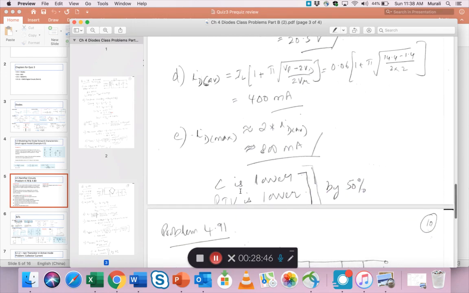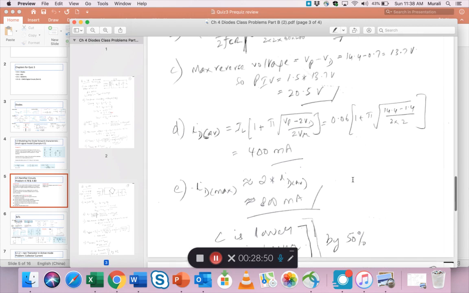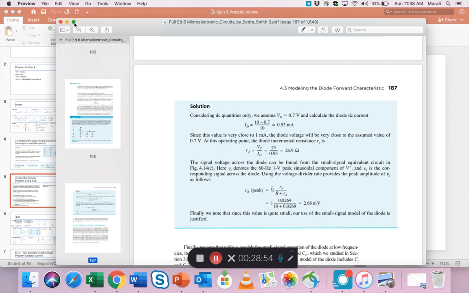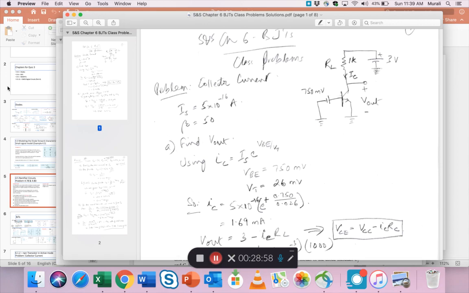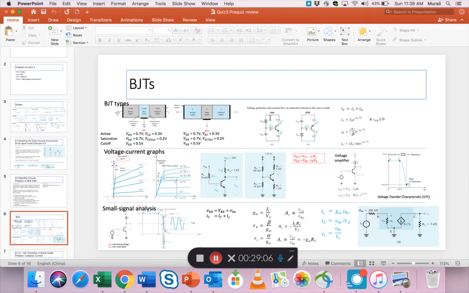Okay, so C is lower, PIV is lower by 50% because we went with a full wave rectifier. Okay. So that's all I had for diodes and that chapter on diodes.